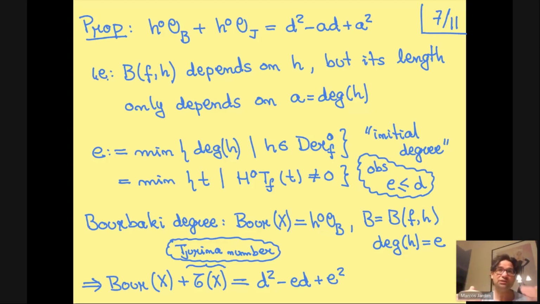So each time I fix the initial degree, I'm fixing either a closed or an open set within this variety of curves with fixed Tjurina number. So it's always going to be some closed or open set in some Quot scheme, which is a projective variety that lies inside our projective space. Right?